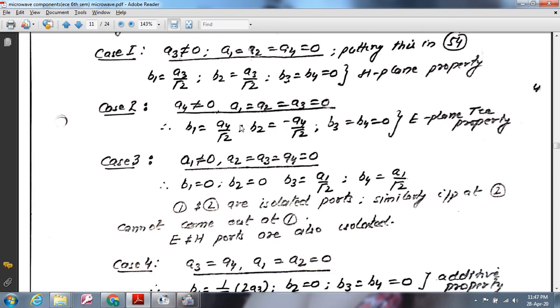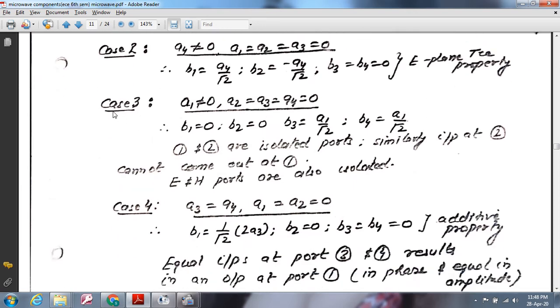So for this particular case, the output will be B1 equals A4 by root 2, B2 equals minus A4 by root 2, and B3 equals B4 equals 0, and this result shows that this is the property of the E-plane T.